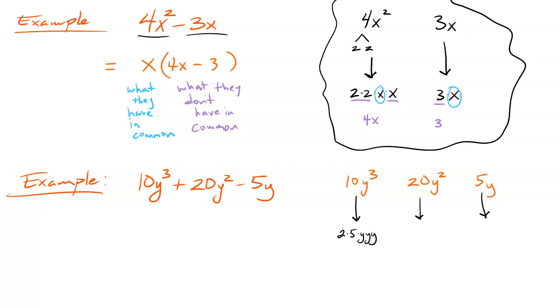Close. So 10 times 2 is correct, but then 10 can break down into 2 and 5. Oh, you're showing me steps. All right, so you broke down 20 and made it 10 and 2. Okay. Okay, good. 10 breaks down into 5 and 2.